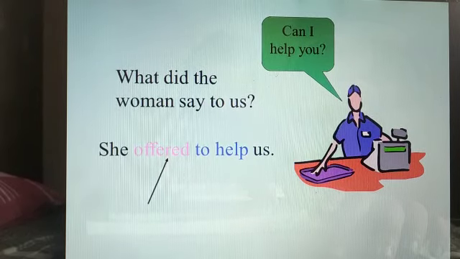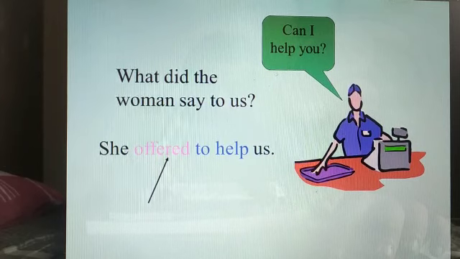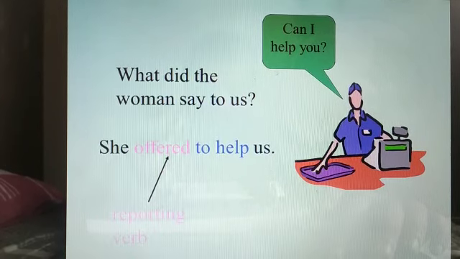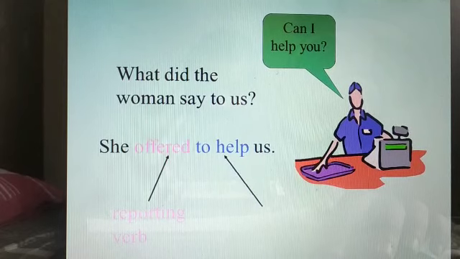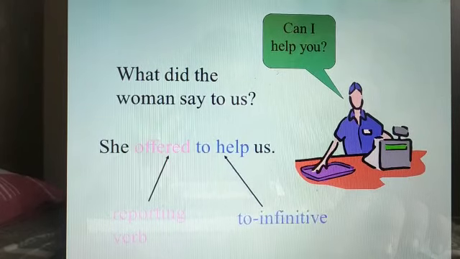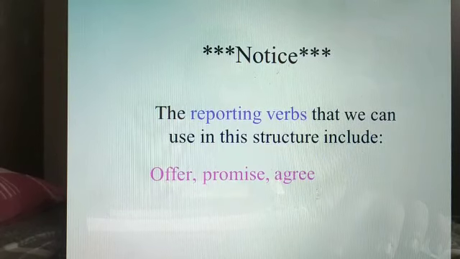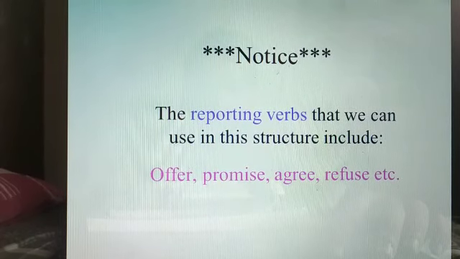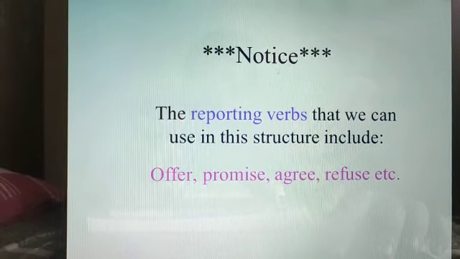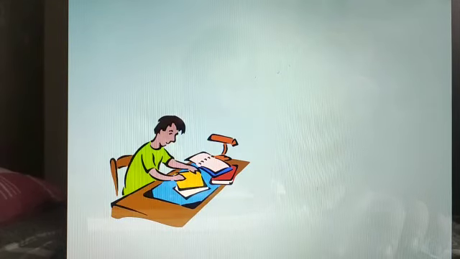The peon asks. What did the woman say to us? She offered to help us. So check out the line offered. This is a reporting verb, and to help us. To is infinitive. To plus verb in the first form. The reporting verbs that we can use in this structure include offer, promise, agree, refuse, etc.